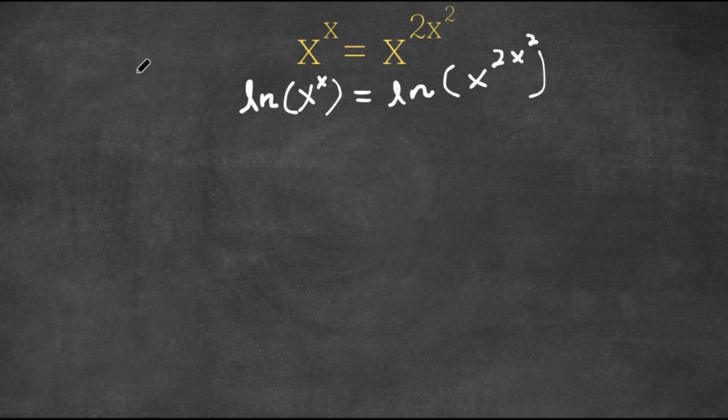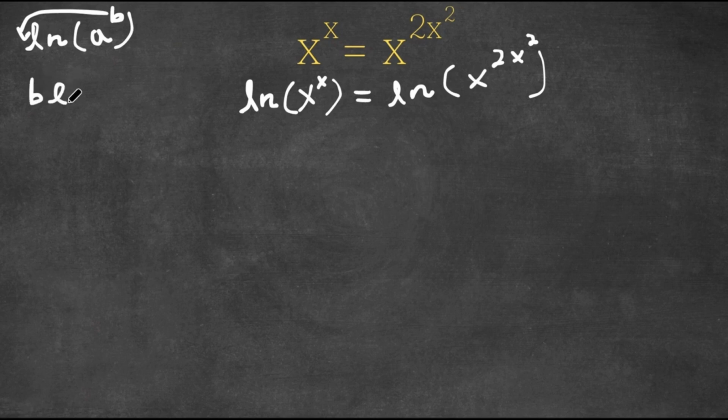Now, an important property of logarithms is that if we have something in the form ln of a to the power of b, we can actually move this exponent to the front. So this would be b times ln a. So this is exactly what I'm going to do to both of these.